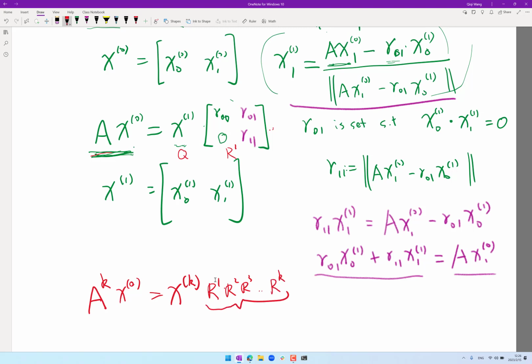And the product of a bunch of upper triangular matrices is an upper triangular matrix. Let's denote it R from 1 to K. All right.